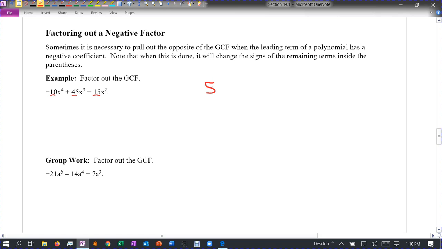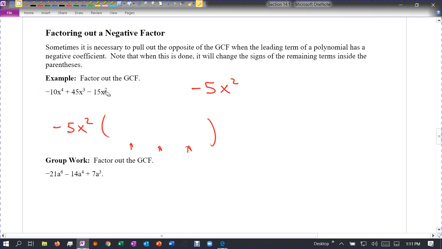And then in terms of x's, we have 2 x's common to all of them. Now we could say that our GCF is 5, but we're actually going to try a negative this time. So we're going to put negative 5x squared here, parentheses, enough space for 3 things, 1, 2, 3, because we started with 3.